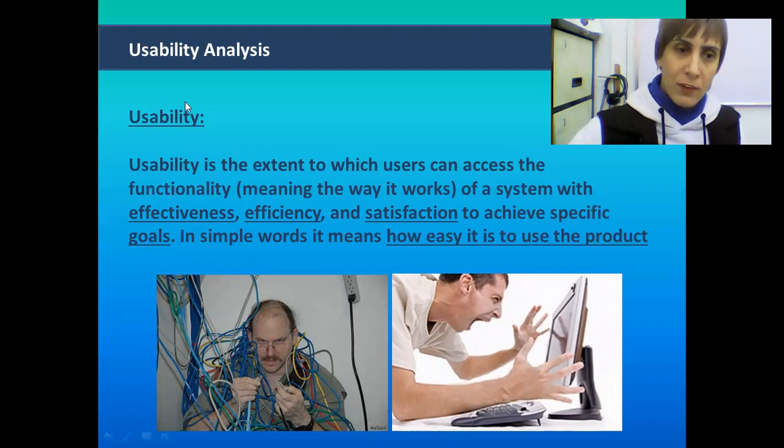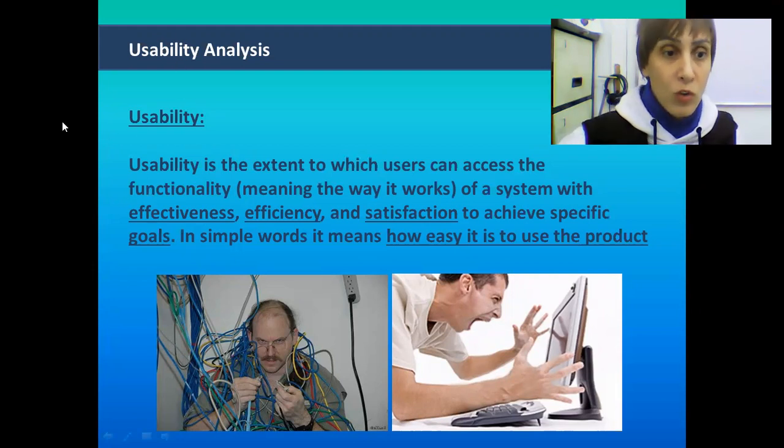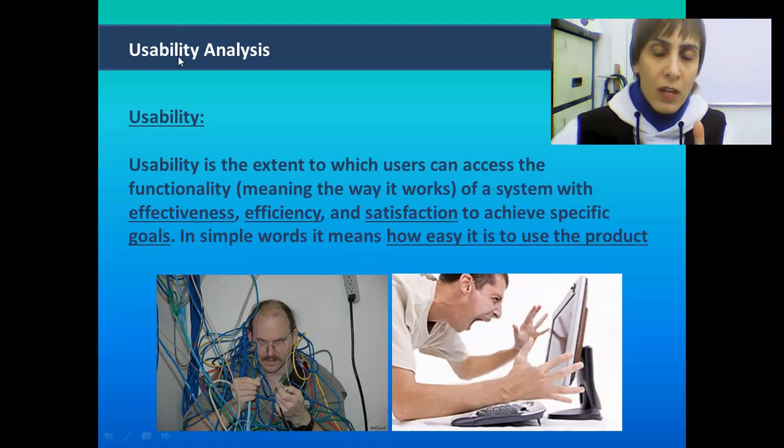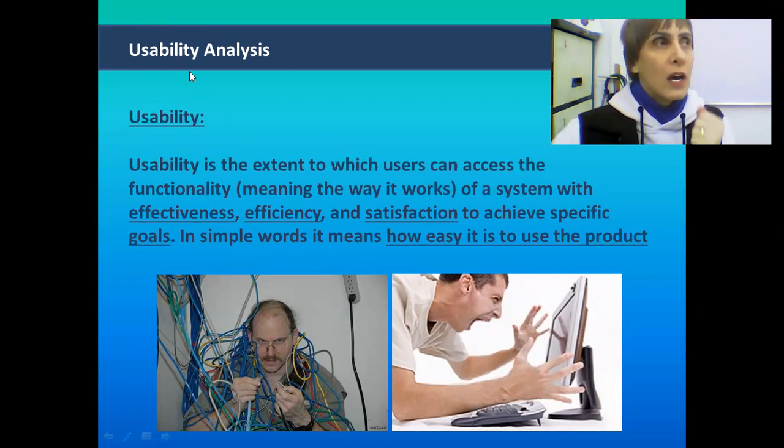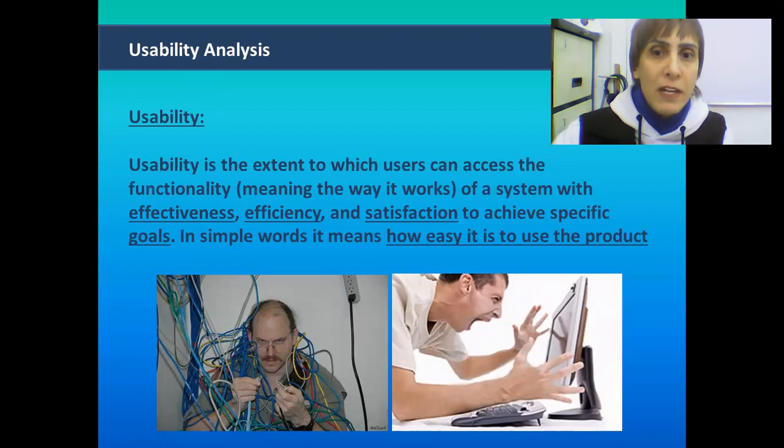Okay. Now that we understand the word usability, we can move on to what is usability analysis. How can we analyze a product's usability? How can we analyze if it's usable or not usable, or how much it's usable?